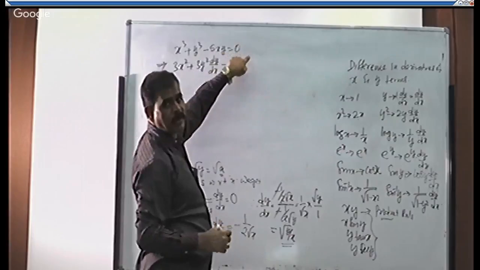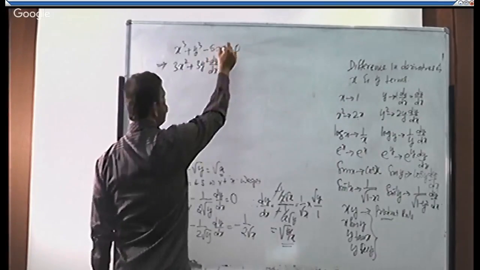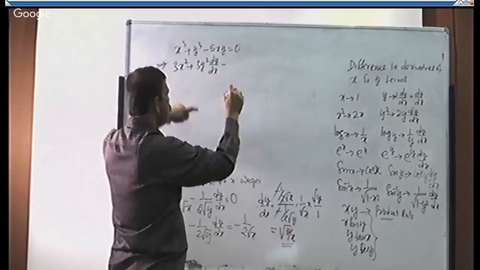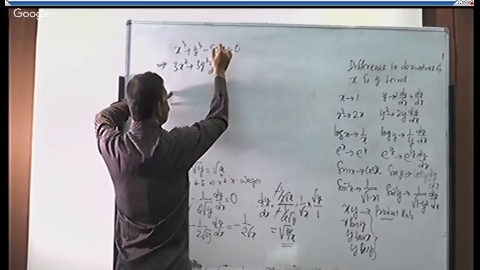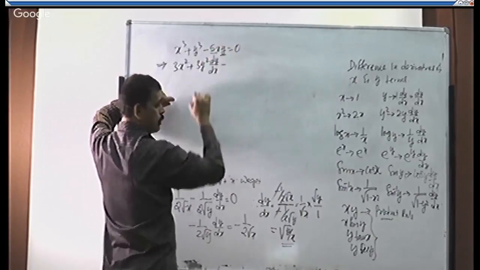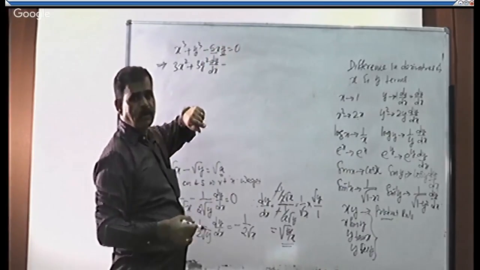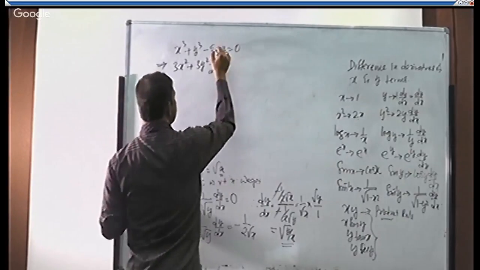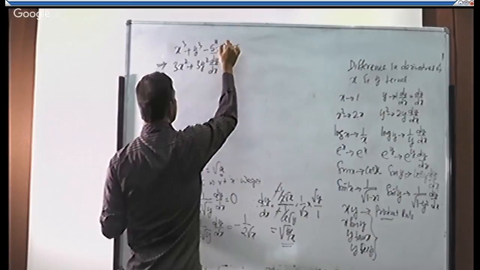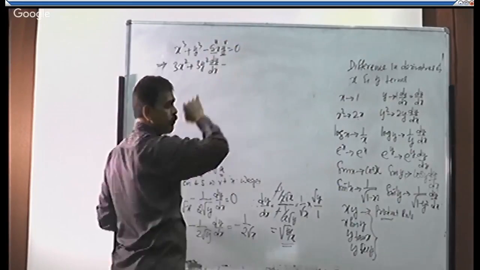How to differentiate it? Don't say 5 into 1 into dy by dx, because it is in the product form. Correct? This is in the product form, 5 into x into y. When there is a product, we have to go for the product rule. Take this 5x as u and y as v.